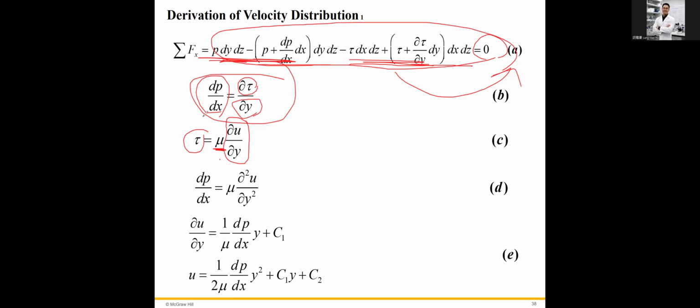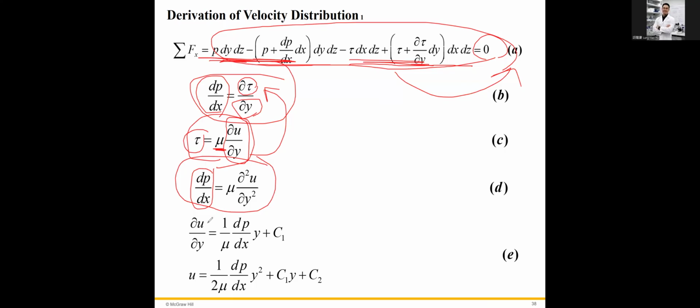So we can plug in this term, and we get the derivative of the pressure with respect to x equals mu times the second partial derivative of u over the partial derivative of y squared. And then we can solve this ODE.